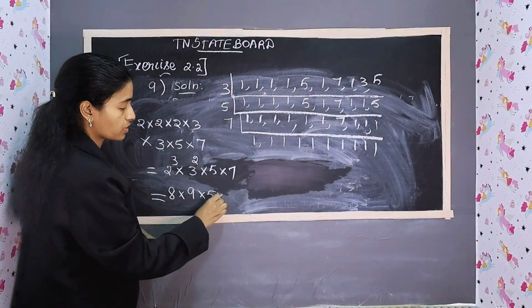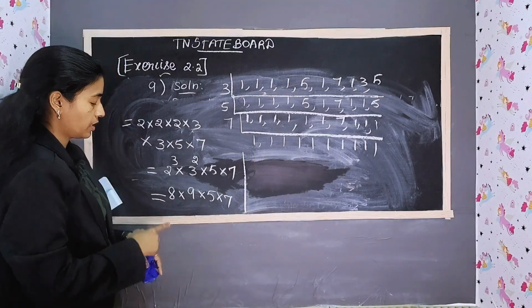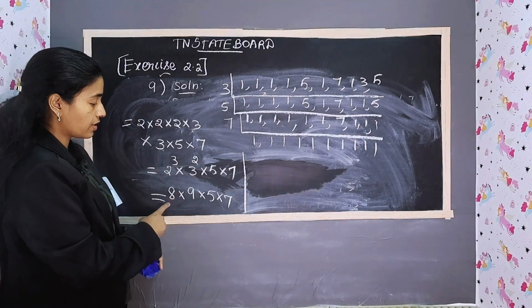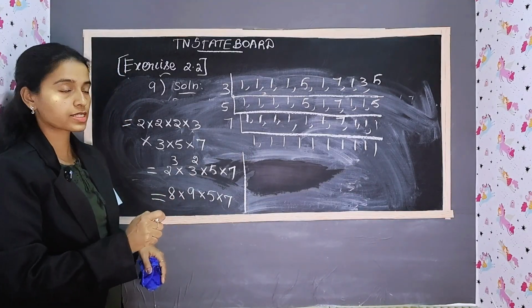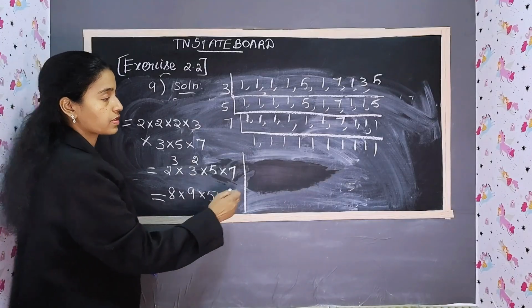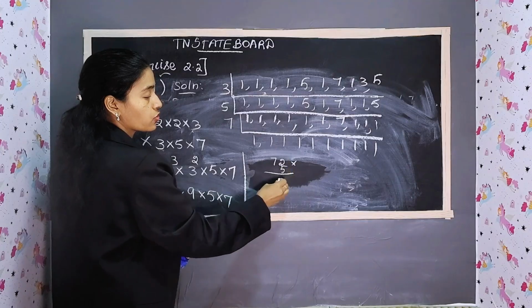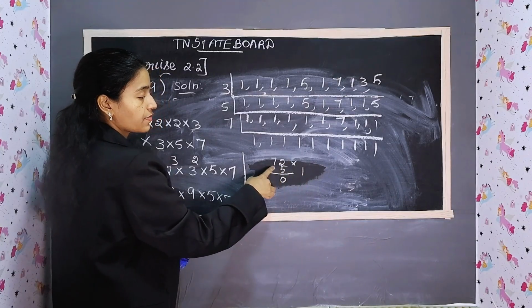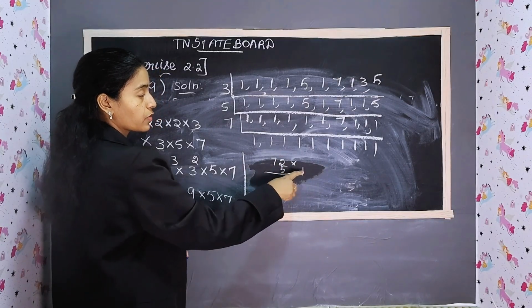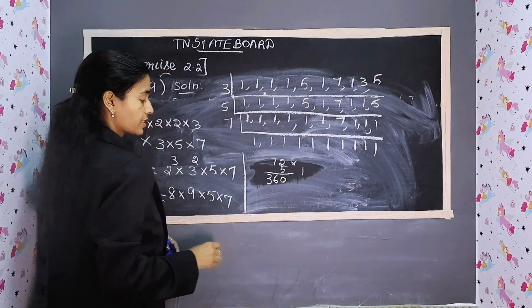Then 5 into 7. How much? 8 nines are 72, right? 72 into 5 into 7. 72 into 5, how much? 5 into 2, 10. 7 5s are 35. 35 plus 1, 36.